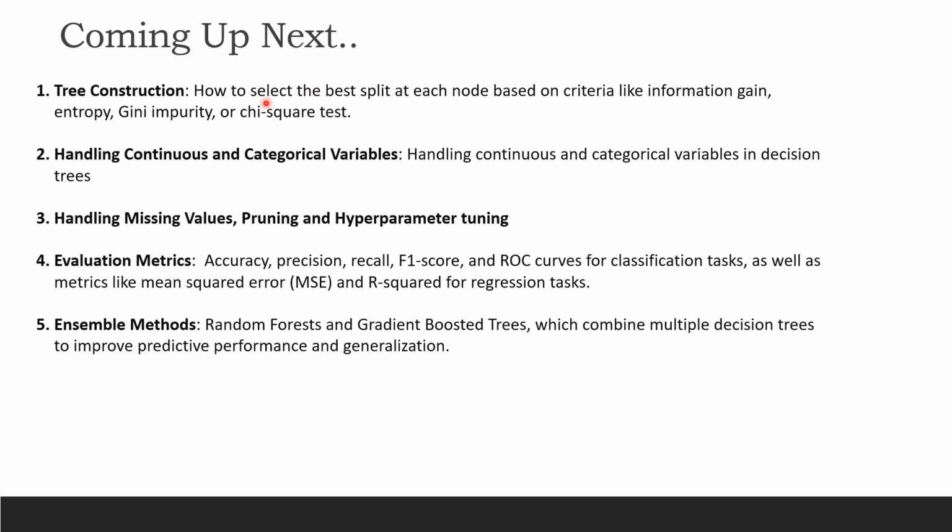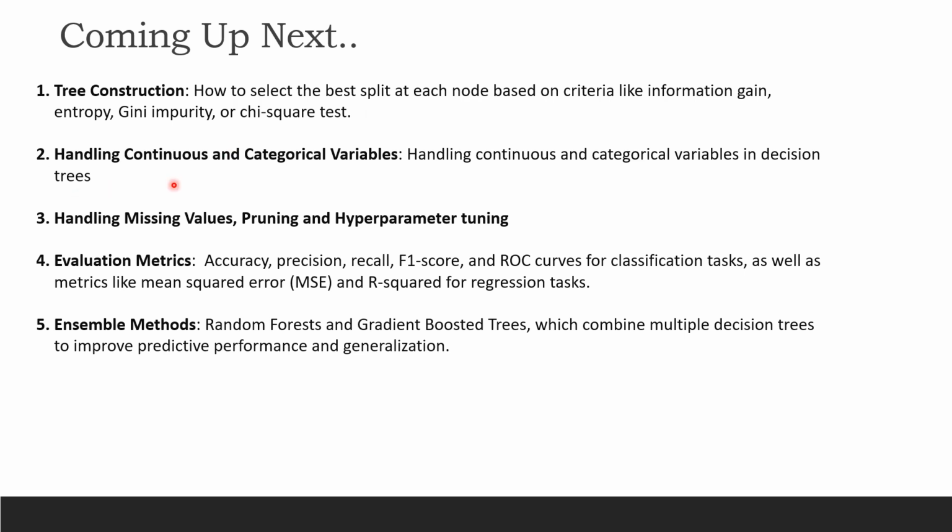If you remember, in the very first presentation of the series, we intended to cover these 5 aspects of decision trees. Tree construction we did in the first part. We also understood how information gain, entropy, Gini impurity, and the chi-square test, these metrics, work to give us the best splitting criterion.